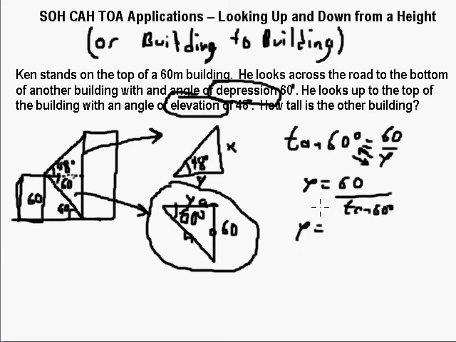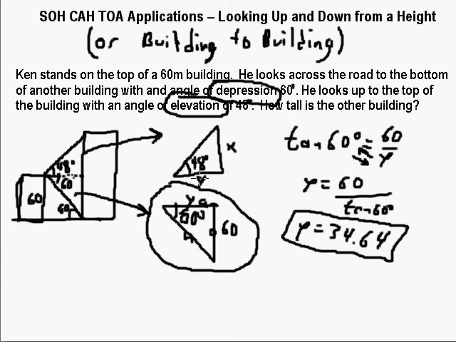And y equals, I meant y equals 34.64. I'm going to keep an extra decimal place than I usually do. Meters. Okay, so that's how far it is from the one building to the other building, whether you're going from the bottom to the bottom or along this horizontal line. That is 34.64 meters.